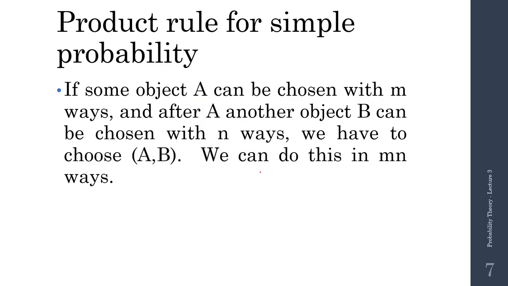So for example, you want to buy an ice cream. First of all, you have to decide which kind of ice cream cone you want and what type of ice cream.